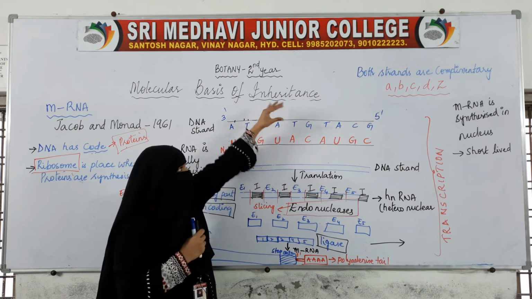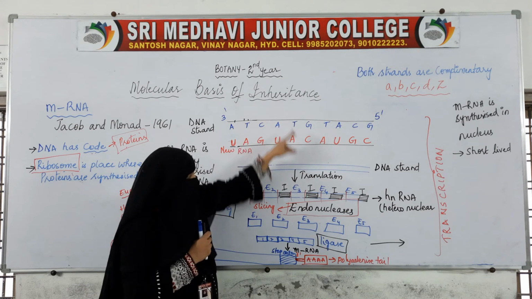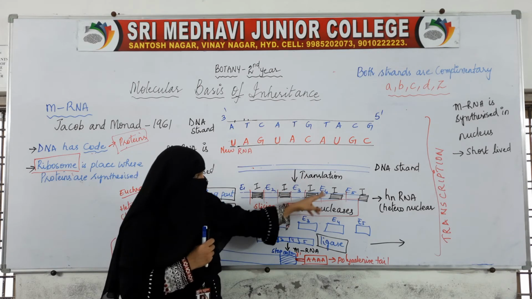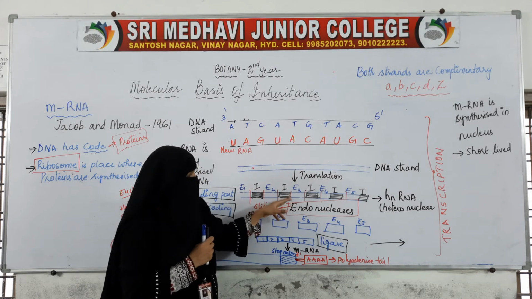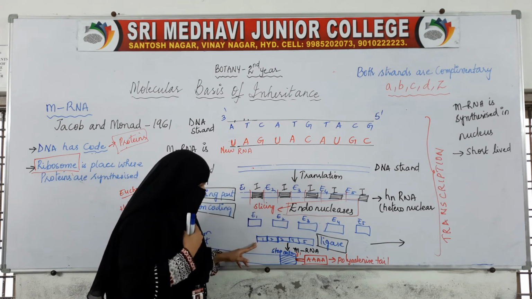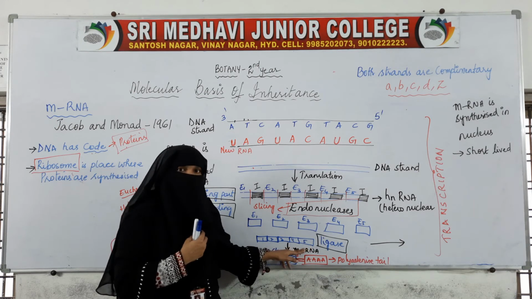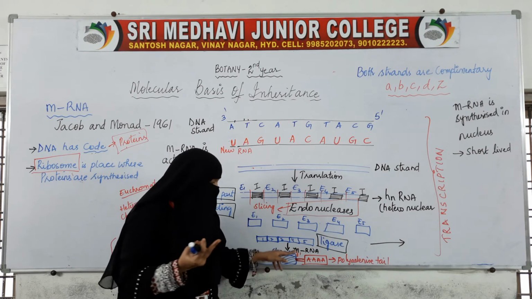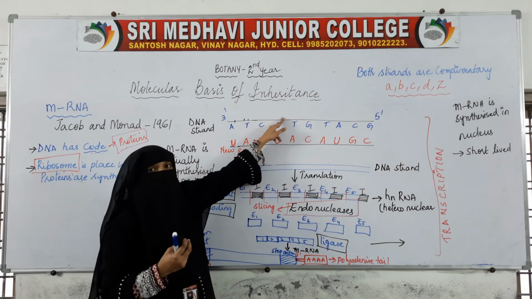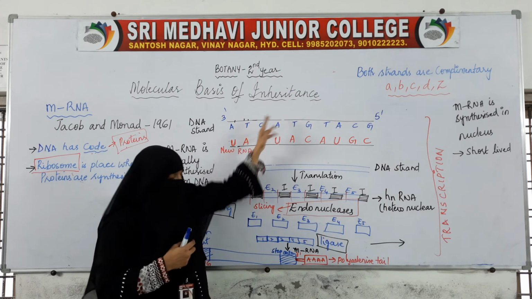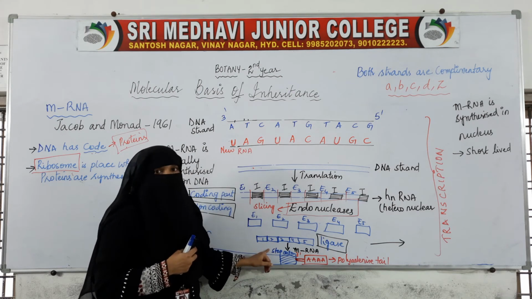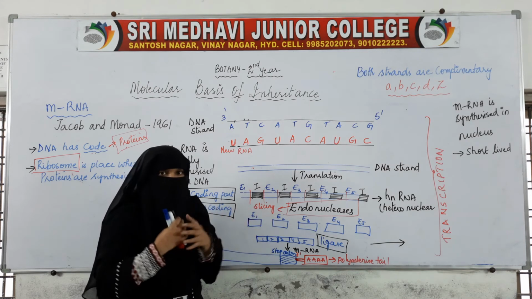So the message which was on this DNA has been transferred to the new mRNA. Where has it been formed from? It is from this DNA strand only. So now this is the mRNA with all the coding parts.